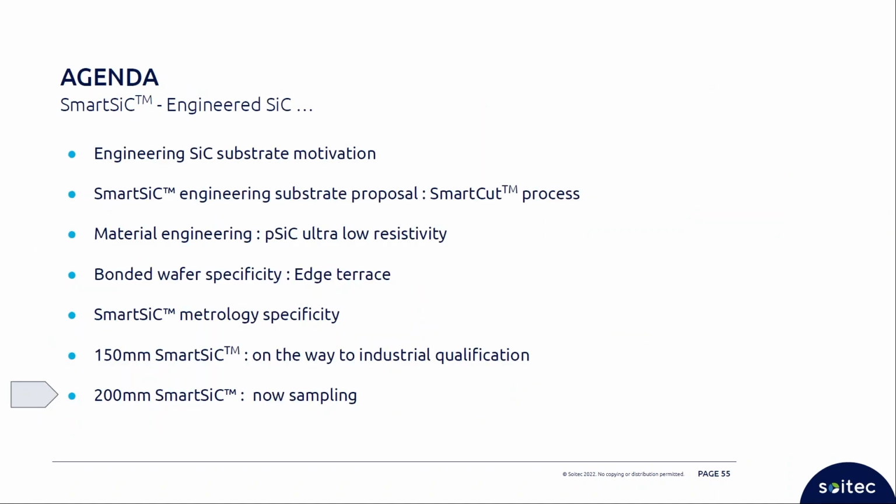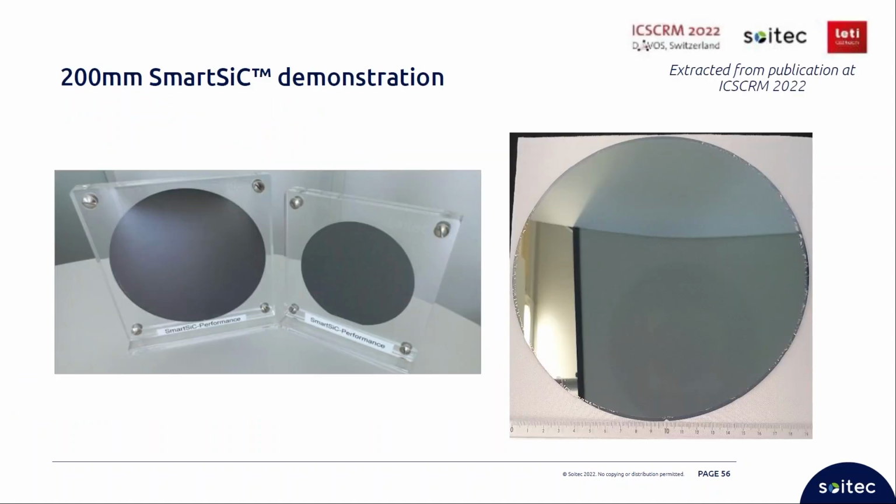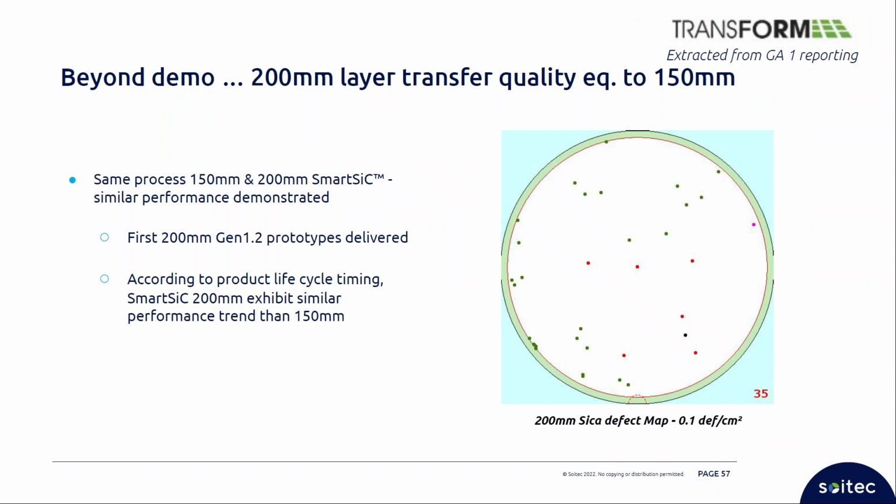Okay. Last point, 200 millimeters. So now the 200 millimeters also have been demonstrated. Again, the pictures from last year, it was one of the first wafers with great transfer quality. And we have really improved since last year, with some initial levels on the transfer layer quality as measured with YESvGaN.